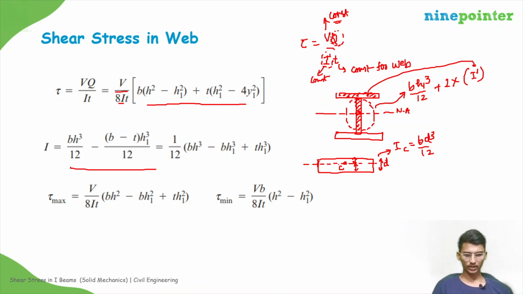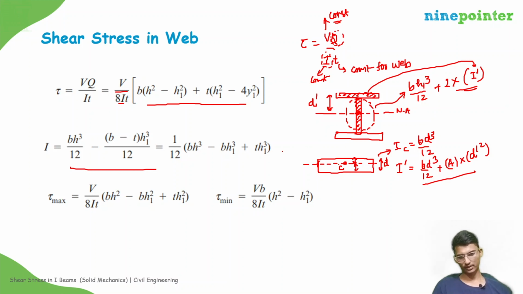But we need to find out at this position, that will be at a distance some d dash. Then we can write I dash is equal to bd cube by 12 plus area of that flange into d dash square, right?